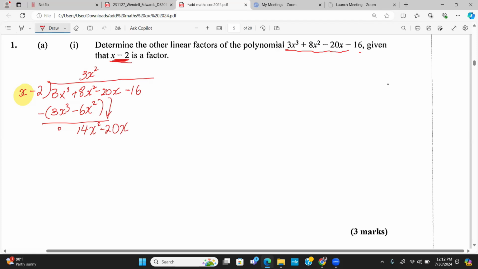So now I'm going to divide the x minus 2 into 14x squared minus 20x. So x into 14x squared will give me positive 14x. Then I'm going to multiply 14x times x minus 2. So I'm going to get 14x squared. 14x times the negative 2 is going to give me negative 28x.